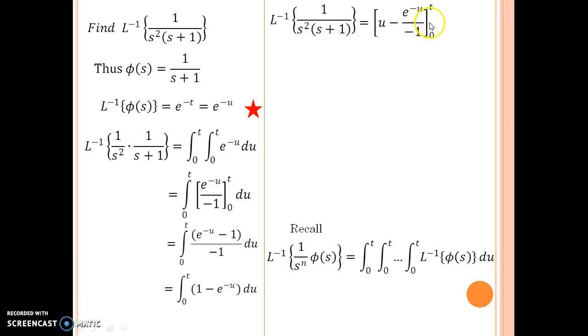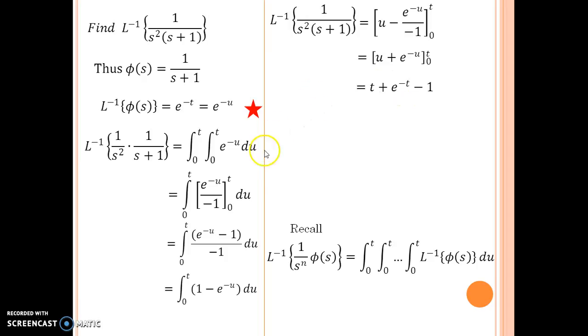It is at this step, since you have reached your last integration process, like integral 0 to t, you have reached your last integral, right? It is at that step you are allowed to replace u by t. Okay, so at that time you replace u by t. Okay, and on substituting your limits, you get your final answer.